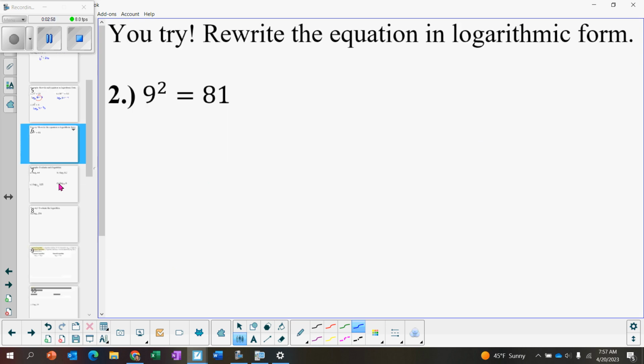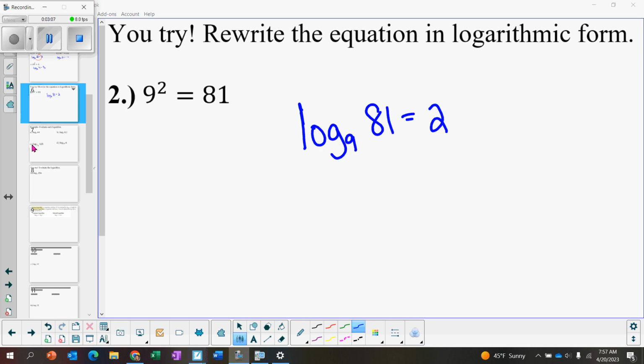So you go ahead and try this one, pause, and when you're ready to see the answer, hit play. All right, so I got log base 9 of 81 equals 2.